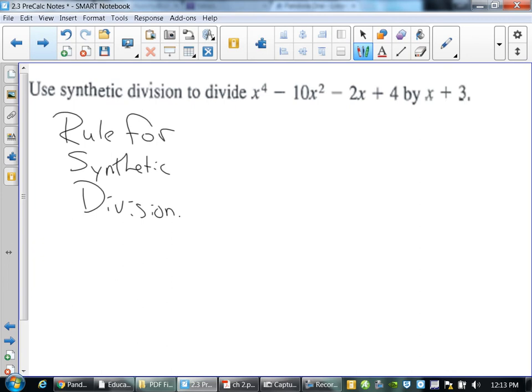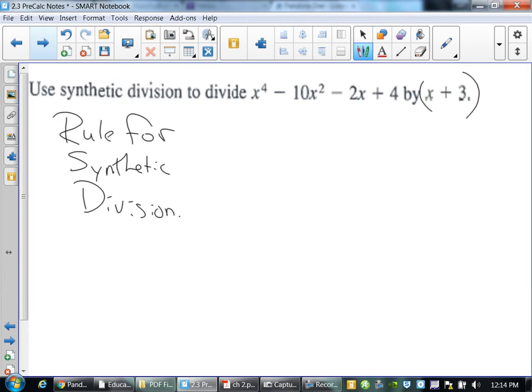If my term I want to divide by is x plus 3, what's its zero? Negative 3. I always use the zero of the term I'm dividing by. So if my term was x plus 4, I divide by negative 4. If I'm using x minus 6, I would use positive 6, and so on.